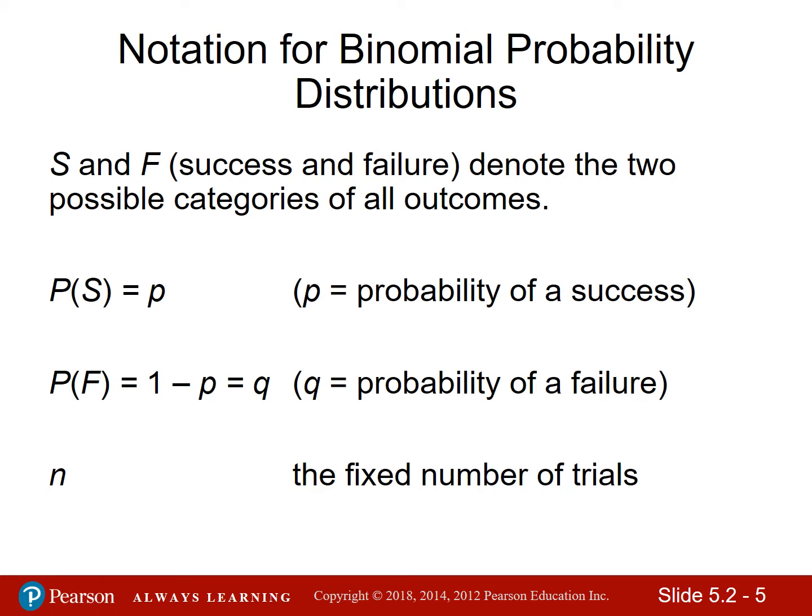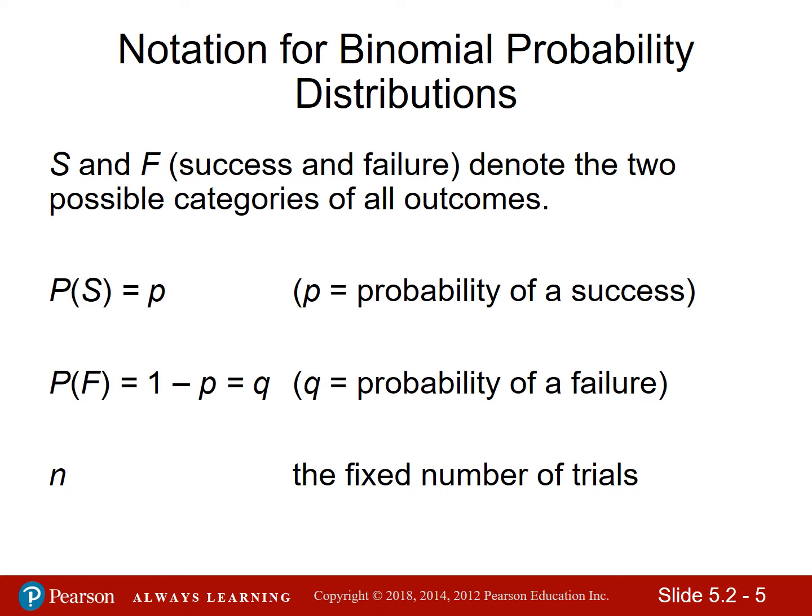Now the notation for the binomial probability distribution. S would stand for success and F would stand for failure. When you say P of S, that means the probability of success. P of S is equal to lowercase p. P of F will be the probability of failure, so we use lowercase q for that.